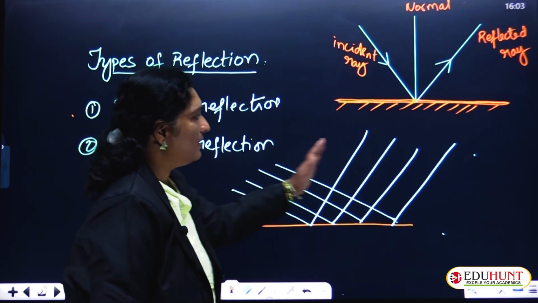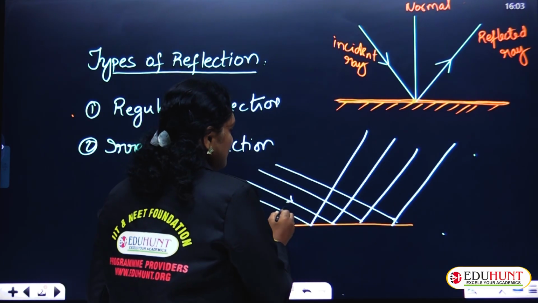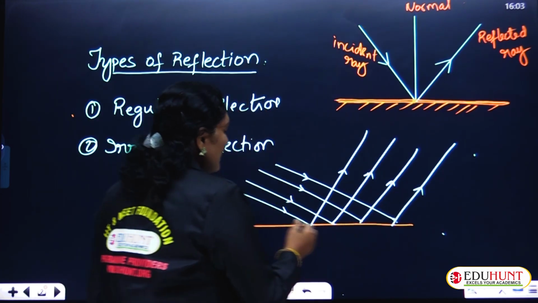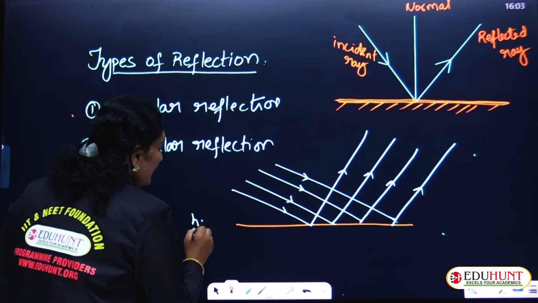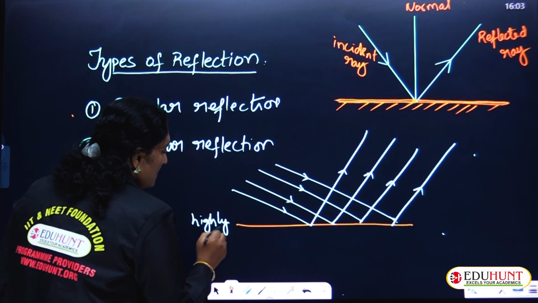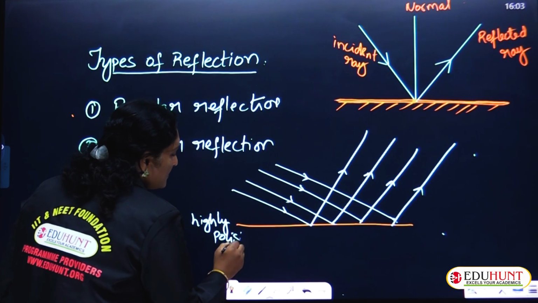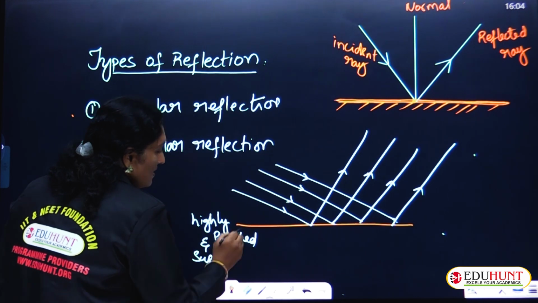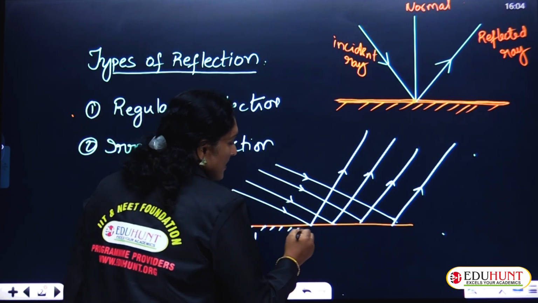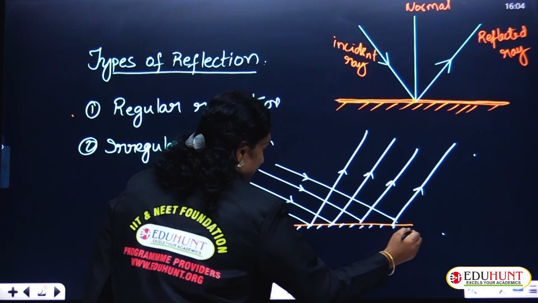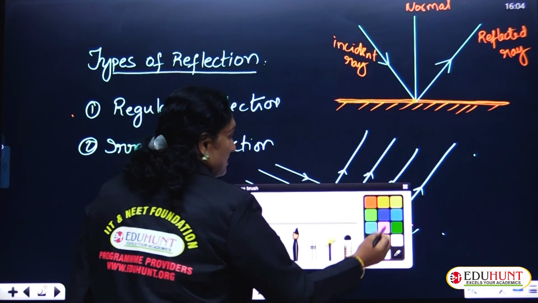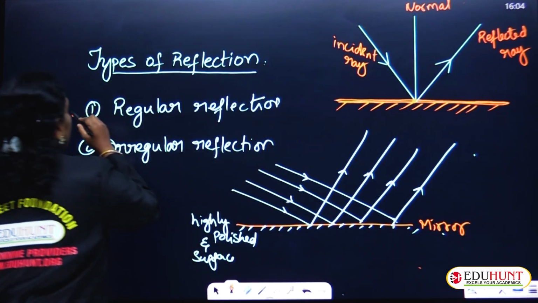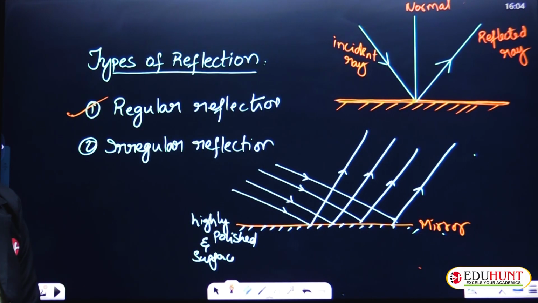All the lines are parallel to themselves. This type of reflection, when the light beam falls on a highly polished and smooth surface like a mirror, is called regular reflection.